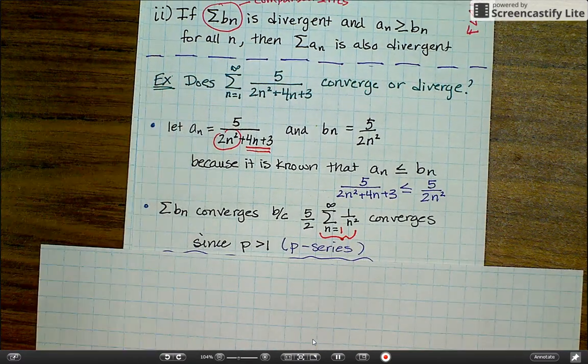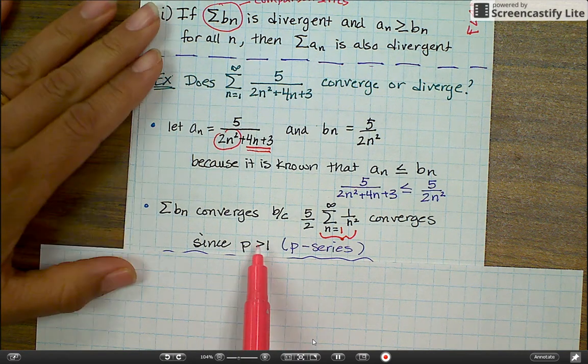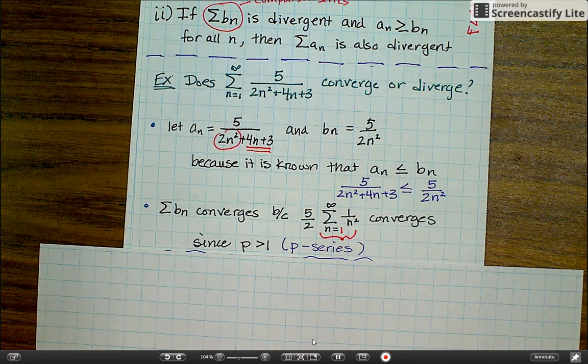Why? Because it is a p series, and I know that my p is greater than 1. So since it's greater than 1, I know it's going to converge.